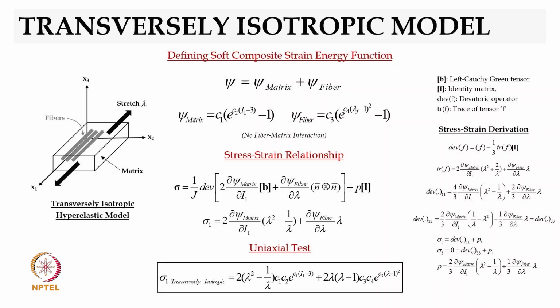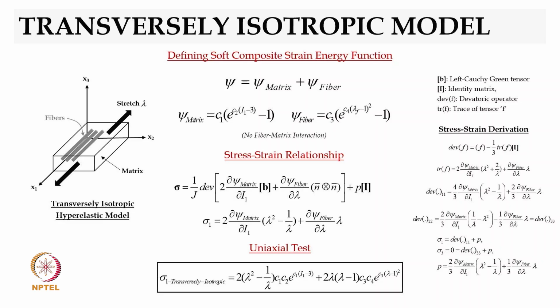The first one is B with block brackets, known as the left Cauchy-Green tensor, which I was just talking about. Psi is usually a function of that. I is known as an identity matrix. Dev F is a deviatoric operator. This is just a term of continuum mechanics.